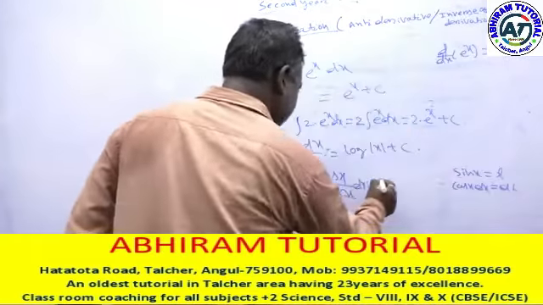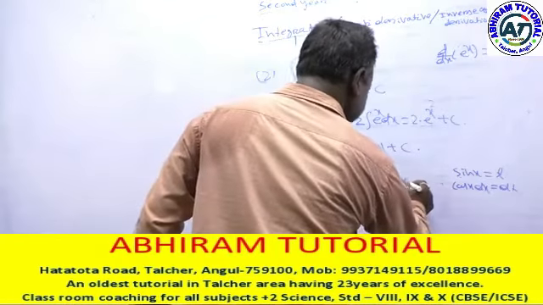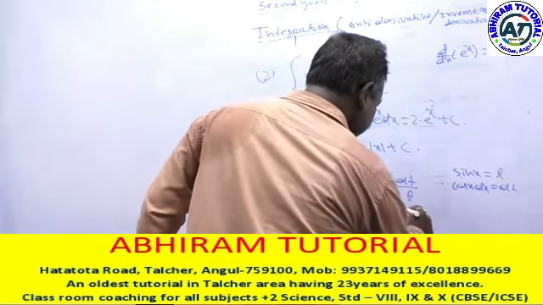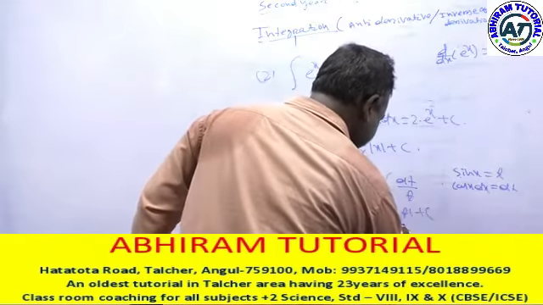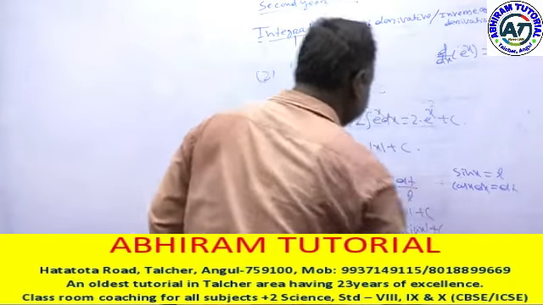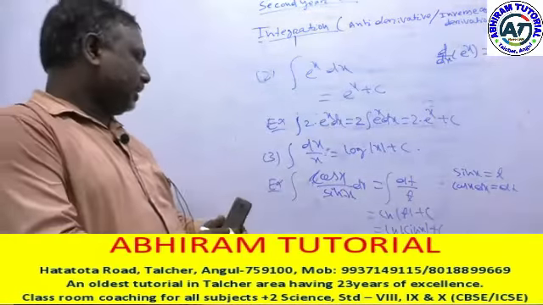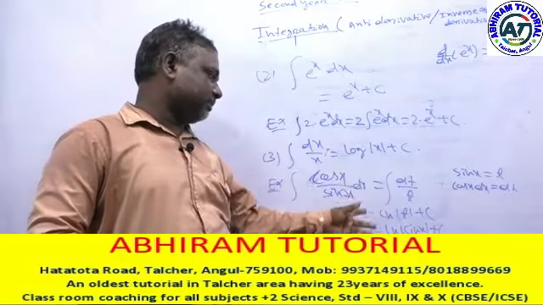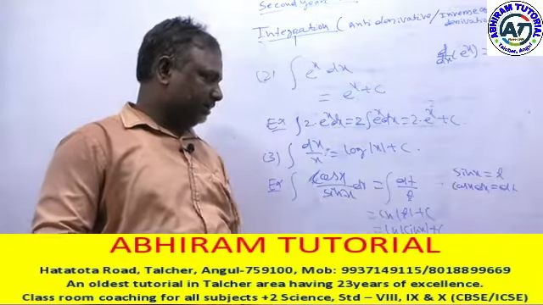Just put here the integration of dt by t, that is ln |t| plus c, that is ln |sin x| plus c. This is the formula: dx by x is log |x| plus c. Then you can find it in this way.